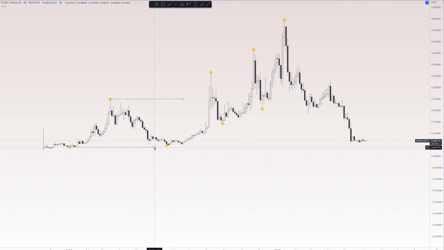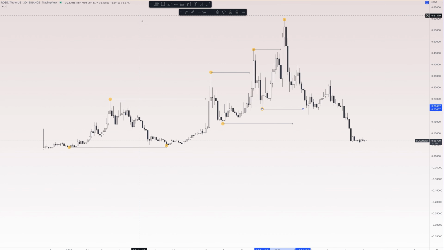So in this scenario, we did not break the low. We broke the high at some point, so this will be the new target high that holds the structure. This will be the new protected low. And we continue like this, then we have the new high, then we get the new protected low, and we get the new target high.